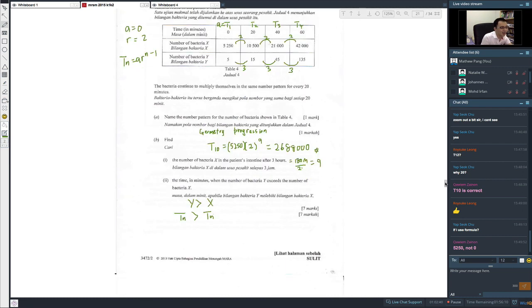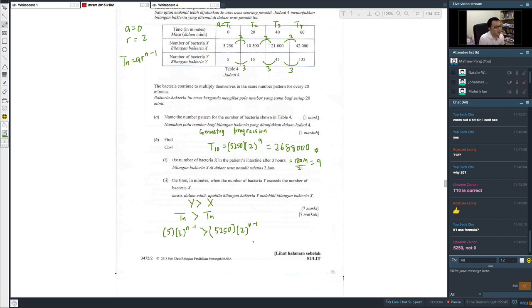The nth term for bacteria X is 5250, R is 2, and this is n minus 1. I will need to solve this in order to find my n value. After I get my n value, I'm going to multiply by 20 to get the time.